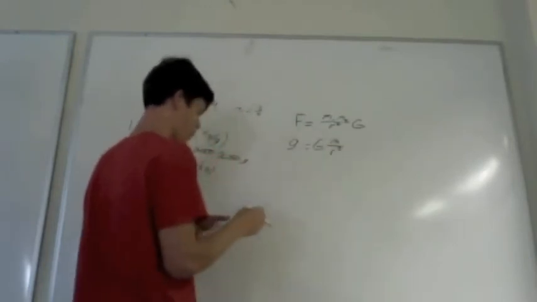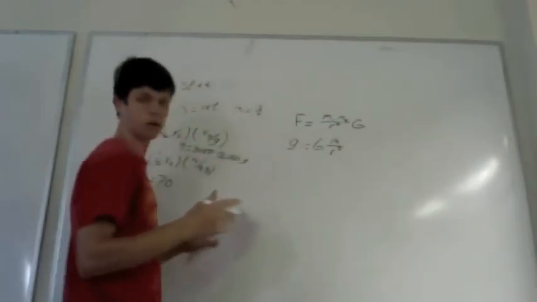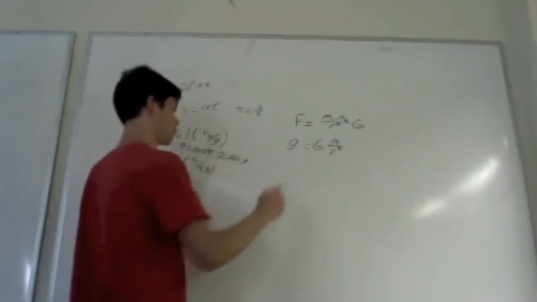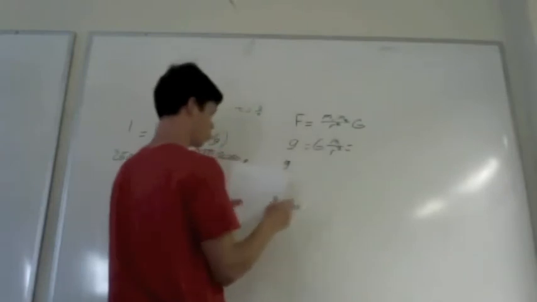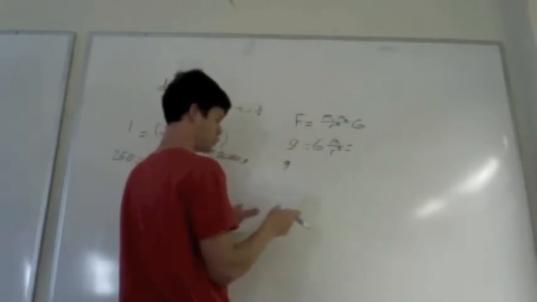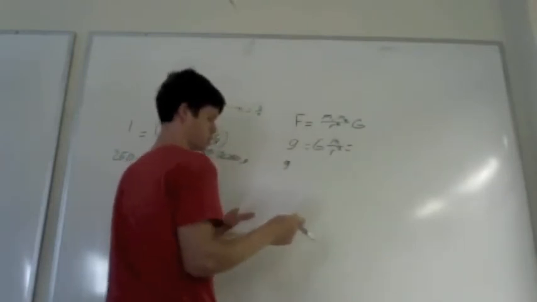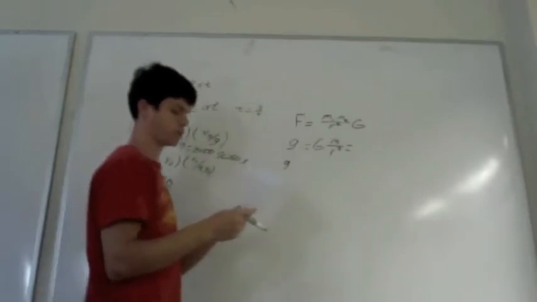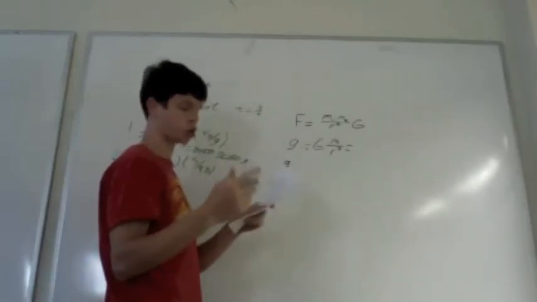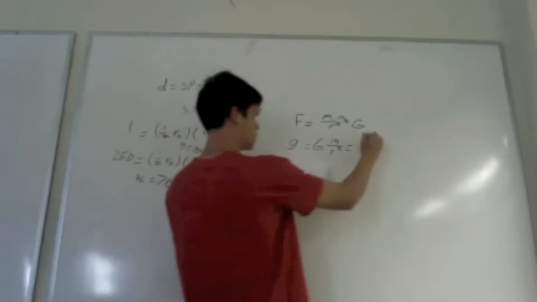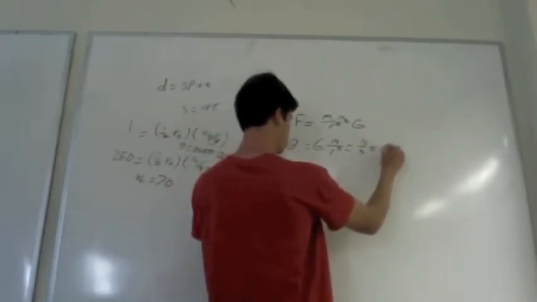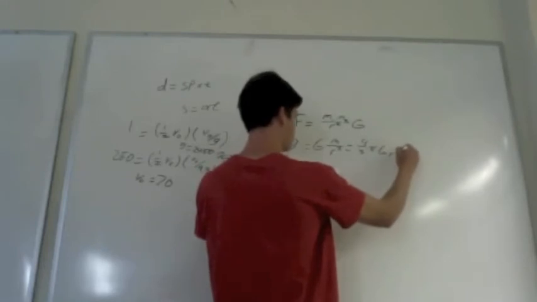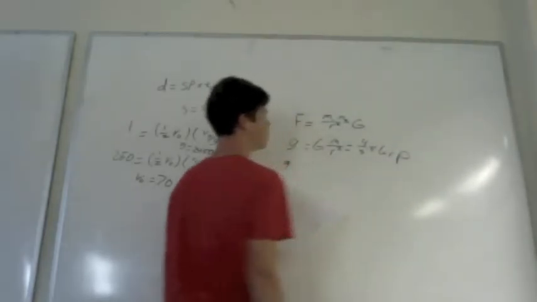Right. And so now we're going to use density. So this is also equal to, using density, which is mass over volume, with the volume of a sphere being 4/3 pi r cubed, we can say this is equal to 4/3 pi times G times the radius times the density.